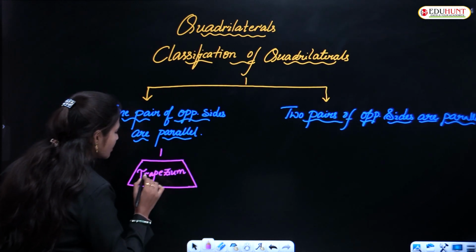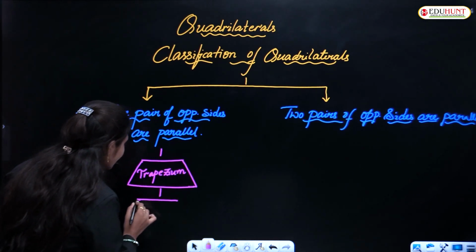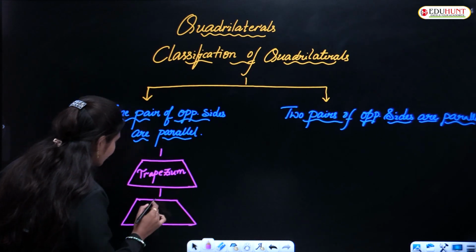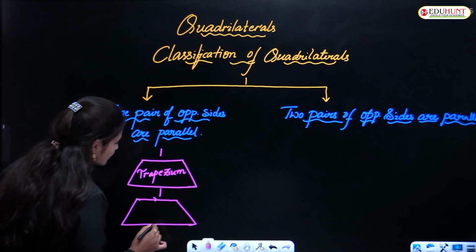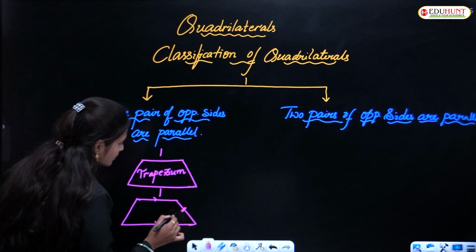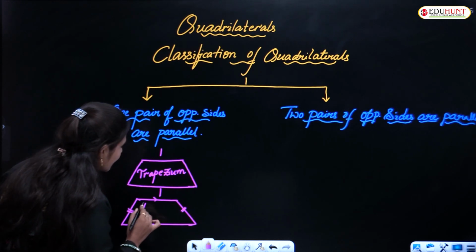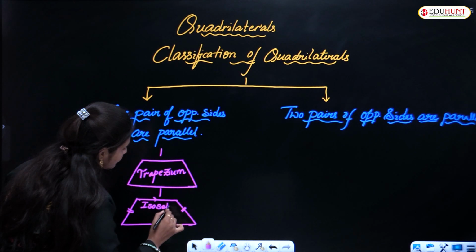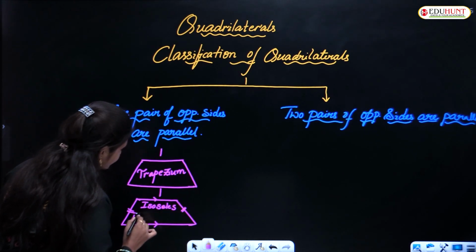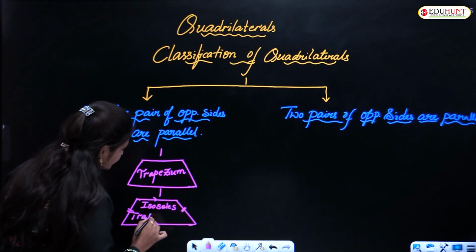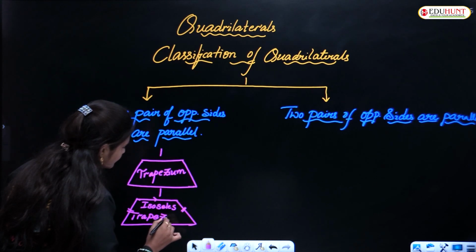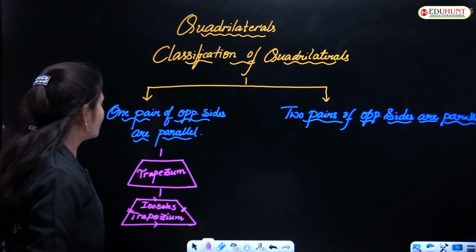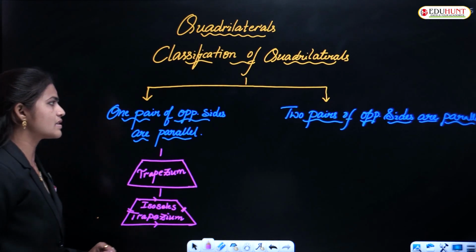Okay, in the trapezium family we have the isosceles trapezium. I will tell you the difference between these 2 here. This is an isosceles trapezium. Okay children, so first one trapezium, next one isosceles trapezium.